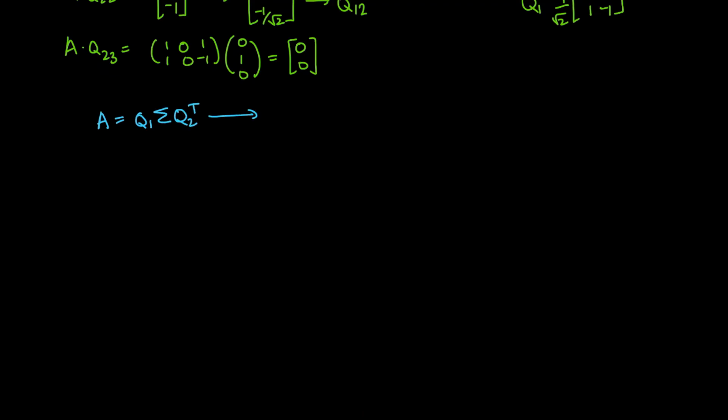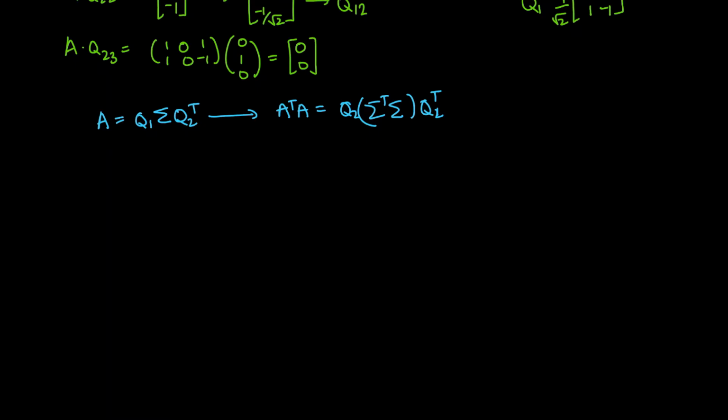I can rewrite this. When I multiply A by A transpose on the left, I will obtain A transpose A equal to Q2 sigma transpose sigma, right? And then Q2 transpose, right?